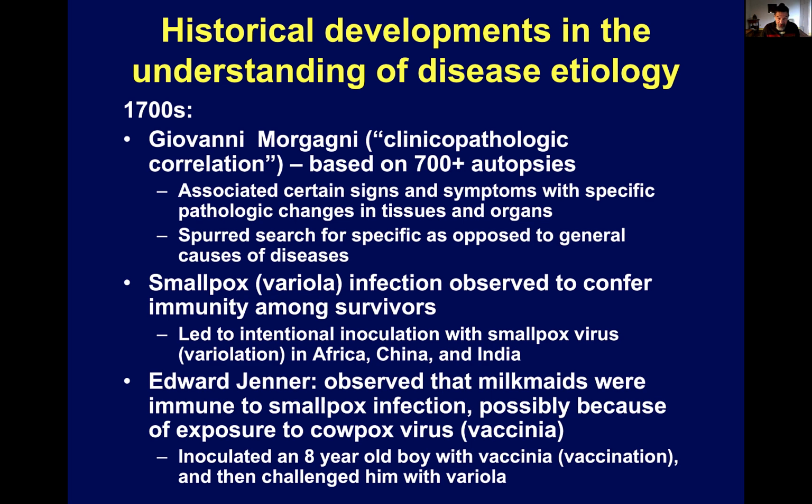This is obviously a challenge experiment that would be highly unethical by today's standards, but it was done, and luckily it worked. The boy did not develop smallpox. And the science of vaccination was born by Jenner's first vaccination clinical trial, although the practice had been going on probably for centuries in Africa, China, and India. But smallpox, which killed about 300 million people in the 20th century alone, was eventually eradicated using vaccination.